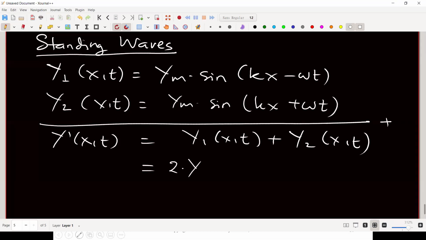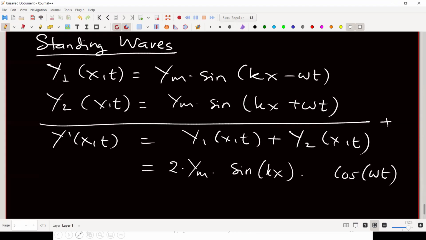So this one becomes 2ym sin kx cos omega t. We call this one the magnitude of amplitude, and this one is the oscillating term.